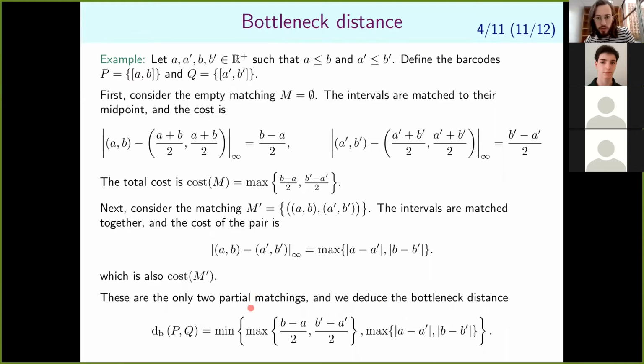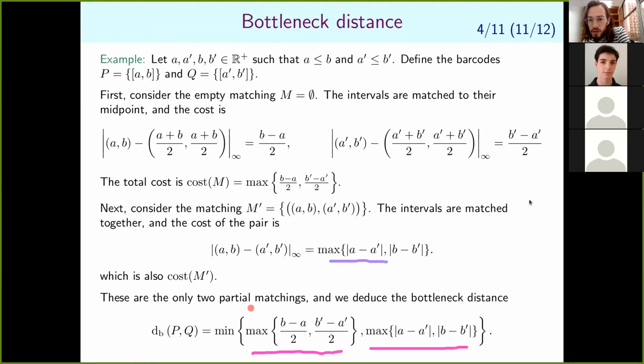So what it really means is that either you are in the first case or in the second case. You are in the first case, with the maximal half length, when the bars are so far away that it is not interesting to match them.